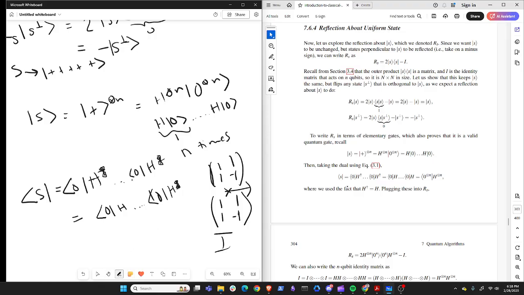So the conjugate transpose of H is just simply equal to H.